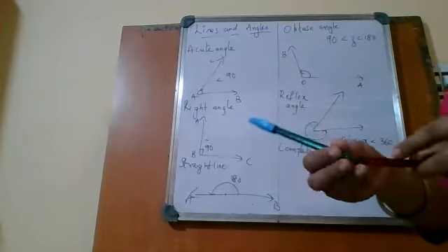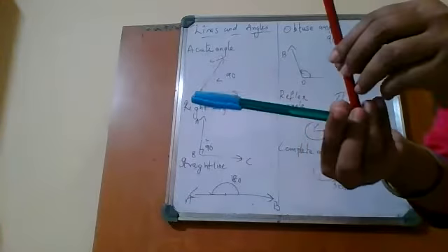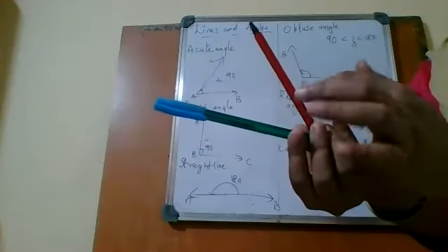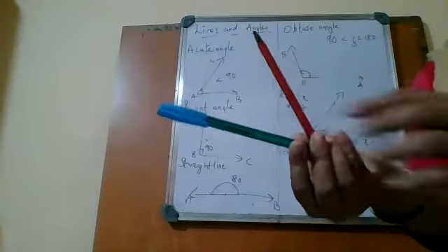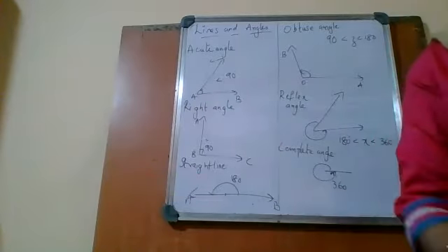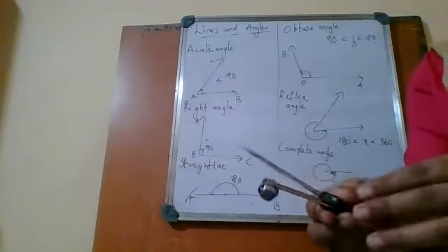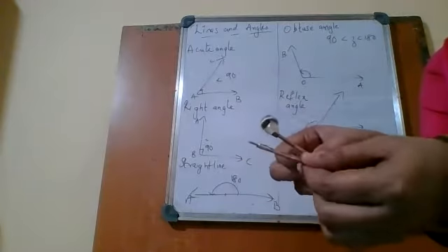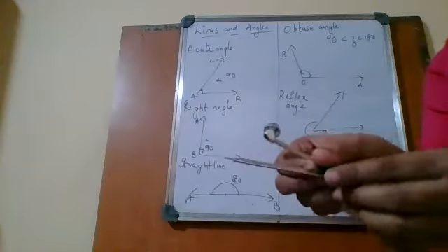Next, reflex angle. First I showed you an acute angle. The angle formed inside these two pens is an acute angle, less than 90 degrees.